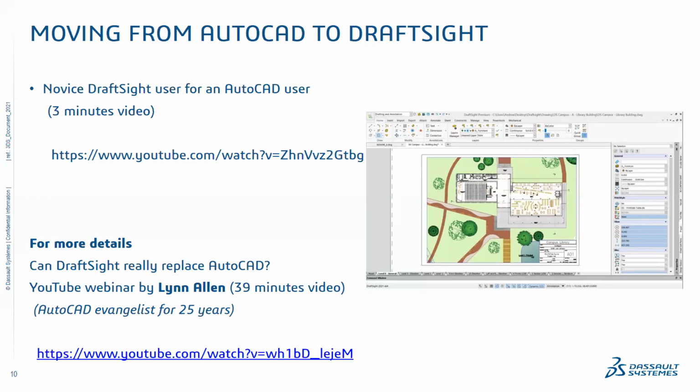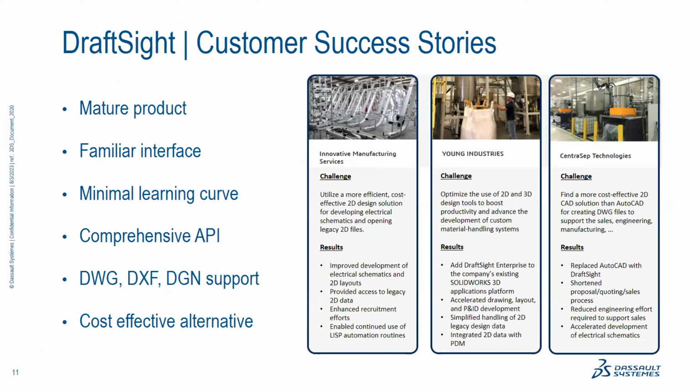We see that customers from many industries are using DraftSight, mostly instead of AutoCAD, and you see here some examples. What they say as key benefits is that it's familiar interface, and mostly they're engineers, they don't even see the difference, and that's why such switch was so smooth.